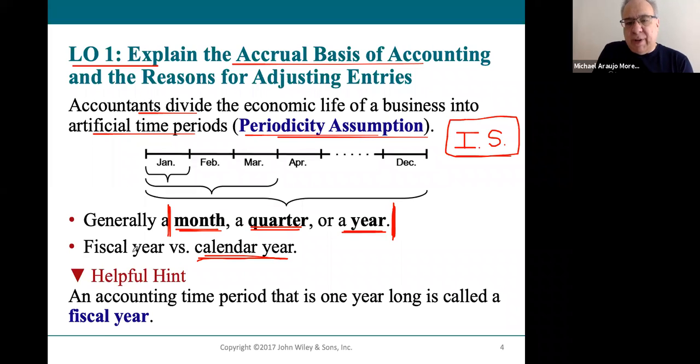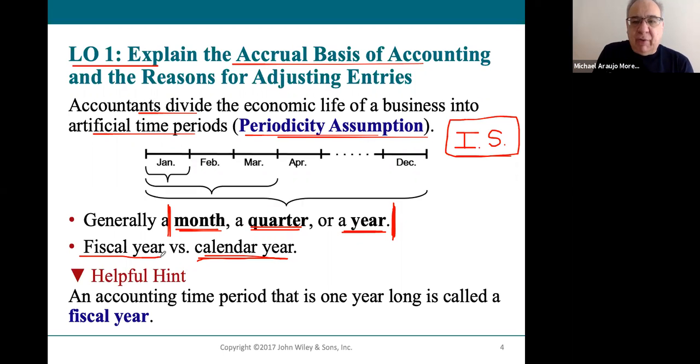So then what can retailers do? Well, retailers don't have to use the calendar year. They can use something called a fiscal year. And a fiscal year is simply a 12-month period of time that can be used for accounting purposes. And a fiscal year has got to be 12 consecutive months. Can't skip any months.